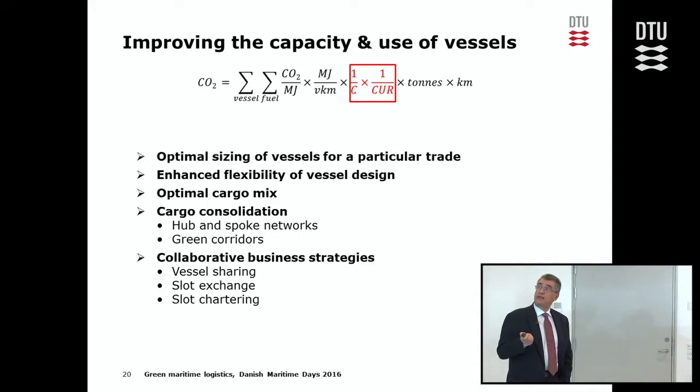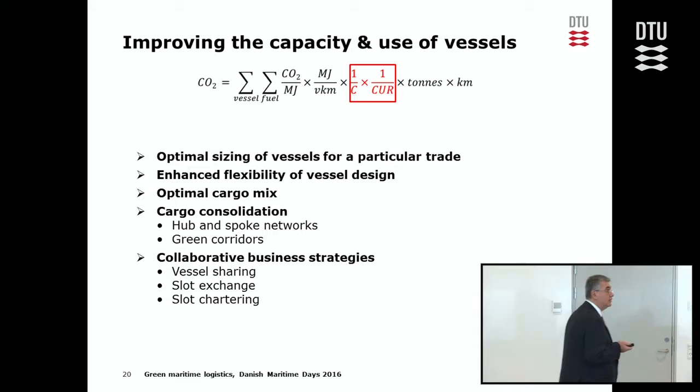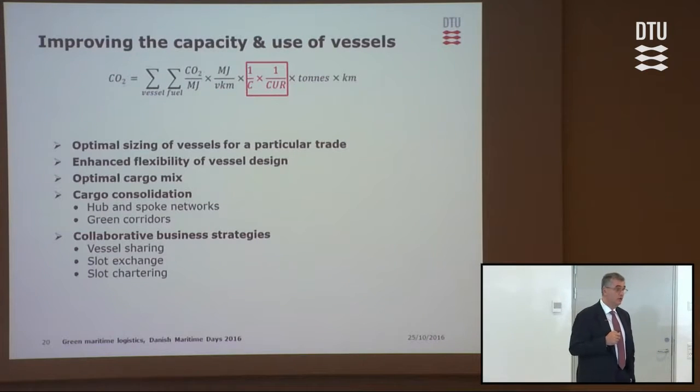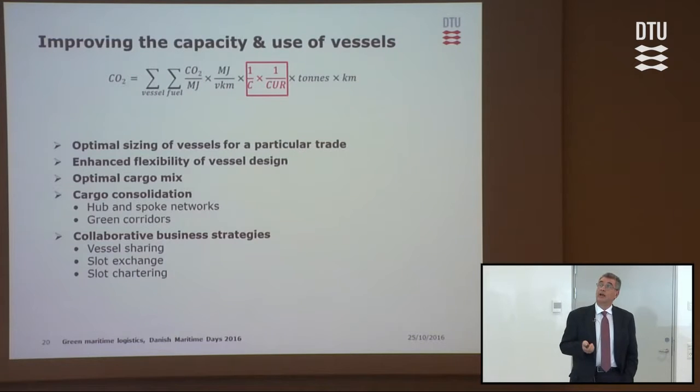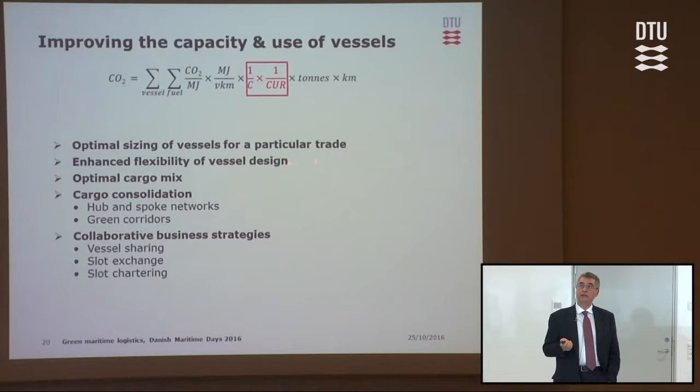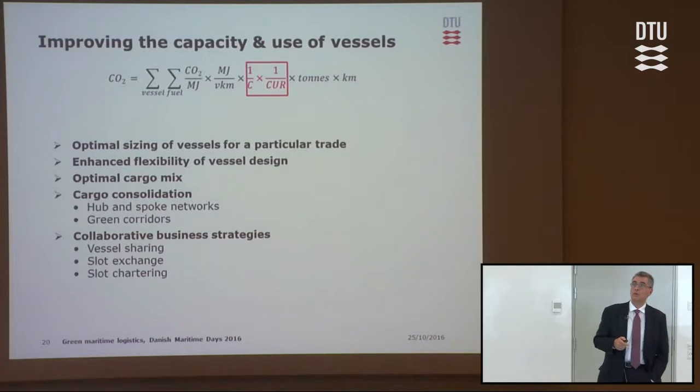Then we're talking about the capacity and the utilization of the vessels. Basically here what it says is that the larger the vessel, the lower the emissions are, ceteris paribus, meaning the other parameters being equal. And the same applies for the utilization ratio. What we can do here other than increasing the capacity of the ship, of course, is selecting the optimal size of a vessel for a particular trade, to improve the flexibility of the vessel basically through the cargo handling equipment.